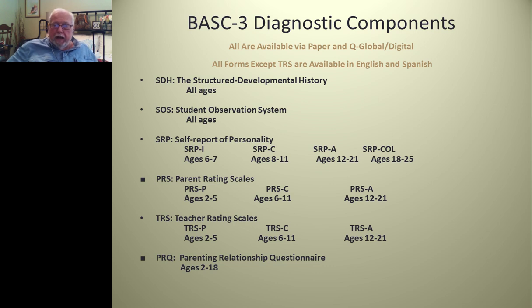The SRP-I, C, and the SRP-A up through age 18 are a population proportionate stratified random sample of children in the United States, but not 19, 20, and 21. The same is true of the rating scale data. The parent rating scales break out ages 2 to 5, 6 to 11, and 12 to 21. Same caveat for ages 19, 20, and 21.